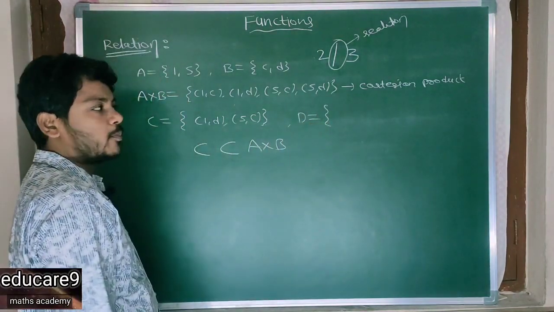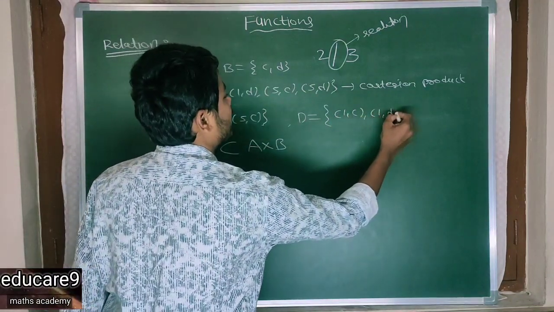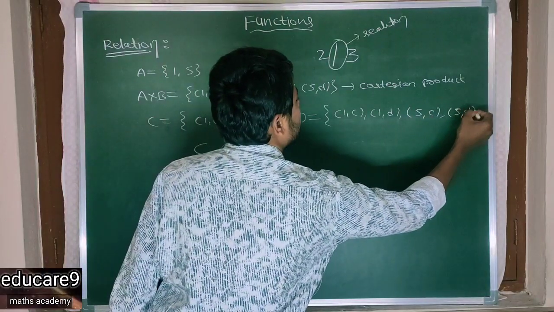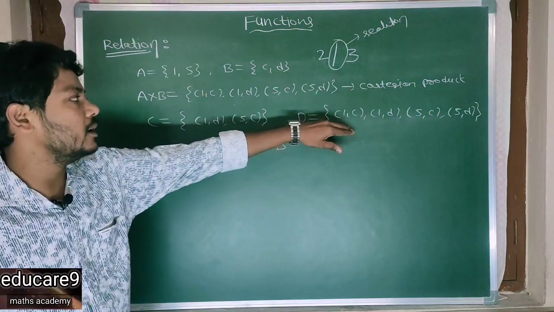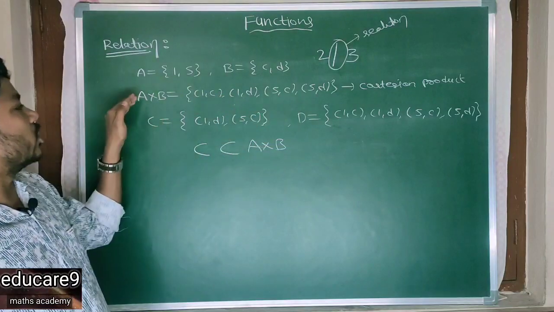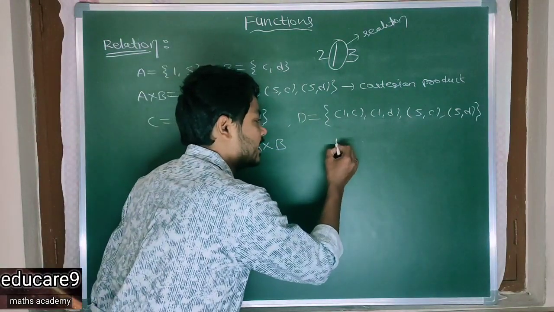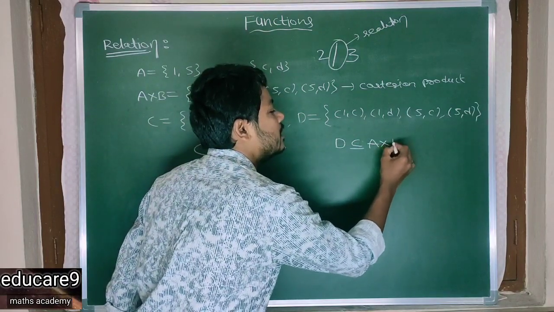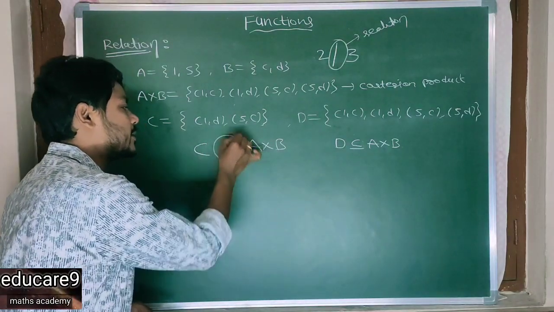It has the ordered pairs (1, C), (1, D), (5, C) and (5, D). See here, every ordered pair in D is an ordered pair of A cross B and D is equal to A cross B. So in that case, you can say that D is a subset of A cross B.